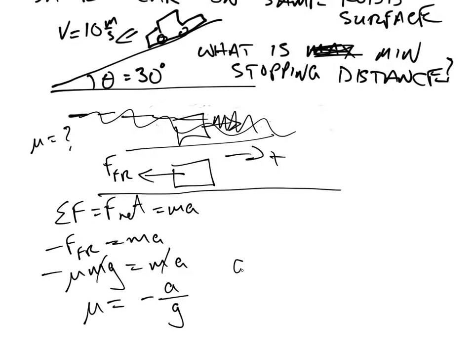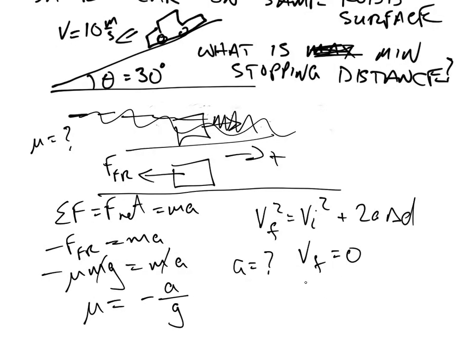But what's a? Well, in order to find a, let's use this equation here: v final squared is equal to v initial squared plus 2a delta d. We know the final velocity of the car to be 0 because it comes to a stop. The initial velocity of the car was given as 35 meters per second. The delta d of the car is 24 meters.